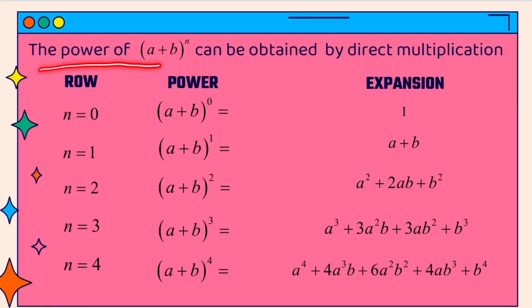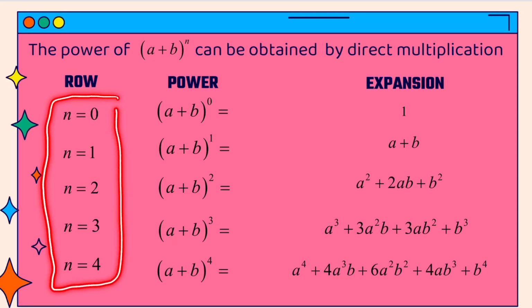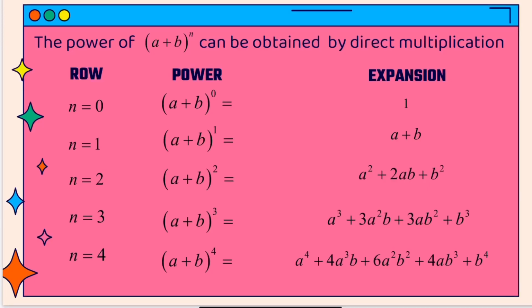The power of a plus b to the power of n can be obtained by direct multiplication. When you expand a plus b to the power of n, there are certain patterns that are noticeable. Take a look at the expansions when the values of n range from 0 to 4. When n equals 0, the expansion for a plus b to the power of 0 is equal to 1.